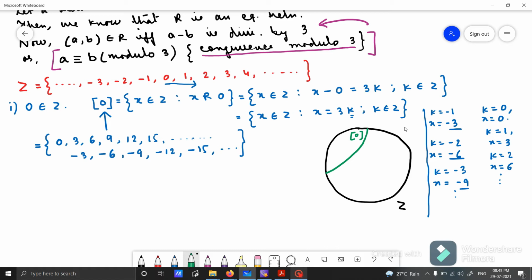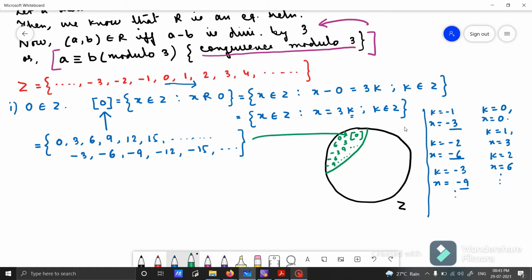Of course 0 will have to be there, because 0 belongs to Z and 0 is related to itself. This is an equivalence relation, so it is reflexive. So 0, 3, 6, 9 dot dot dot, minus 3, minus 6, minus 9 dot dot dot. So all these will go into the equivalence class 0.